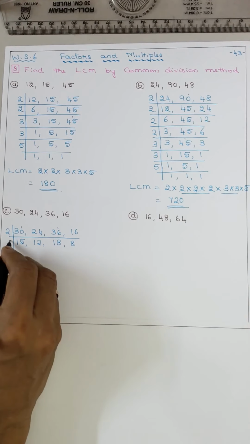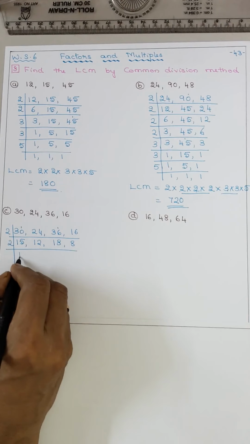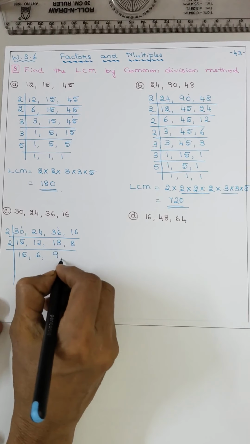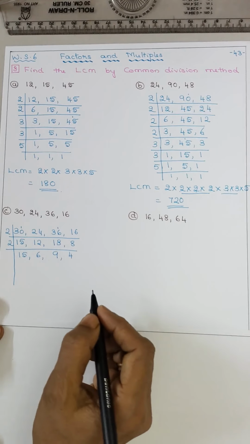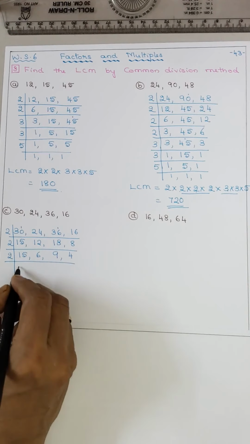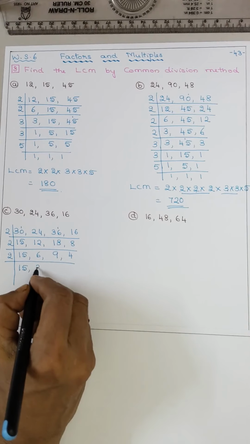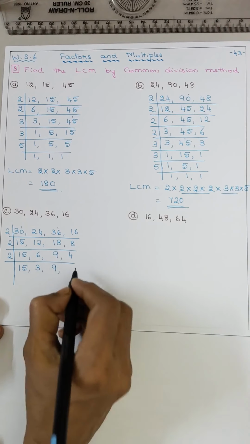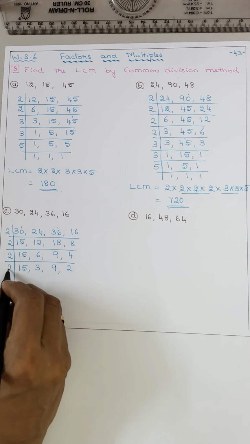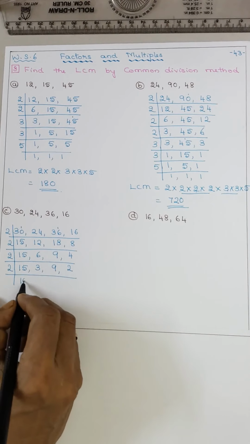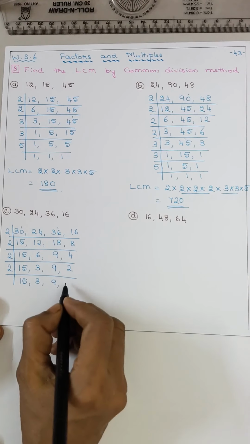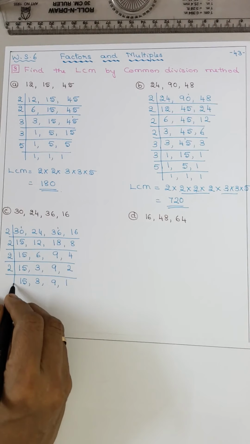Now again even, so 2, 15 as it is, 2 6s are 12, 2 9s are 18, 2 4s are 8. Again even, so 2, 15 as it is, 2 3s are 6, 9 as it is, 2 2s are 4. Again 2, 15 as it is, 3 as it is, 9 as it is, 2 1s are 2.